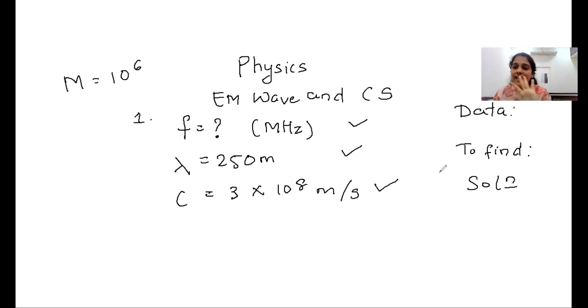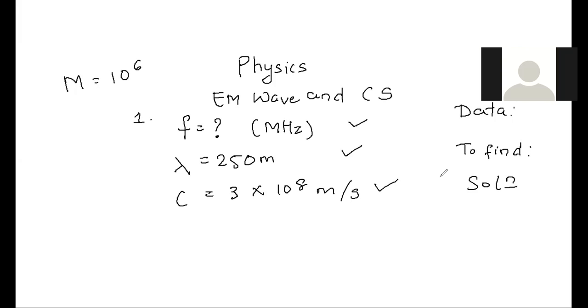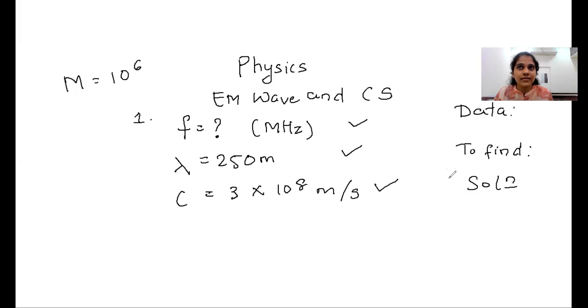now, very simple numerical, students. See what is available. See what you are supposed to find. Can anyone tell me what formula I can apply over here, or how I can obtain the solution? C is equal to lambda into frequency. Okay, correct. Very good.